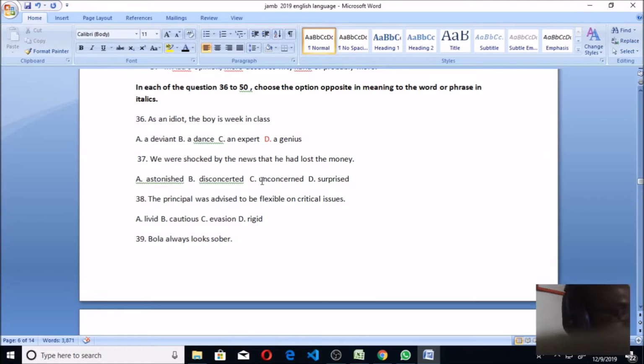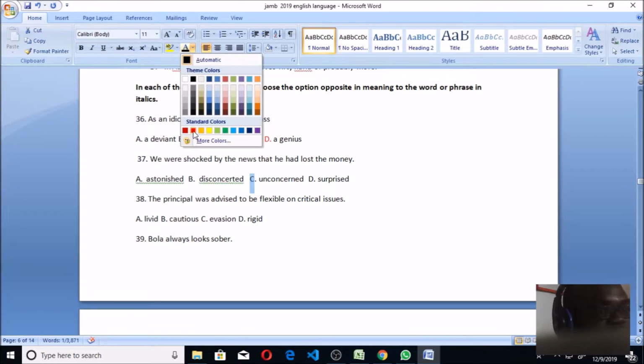Whereas unconcerned means lack of worry or interest. That means you're calm, you're not worried, you're not upset, you're not shocked. So C is actually the opposite in meaning. Then D, surprised, simply means almost the same thing as shocked and astonished. So we can see from all these that the answer is C.